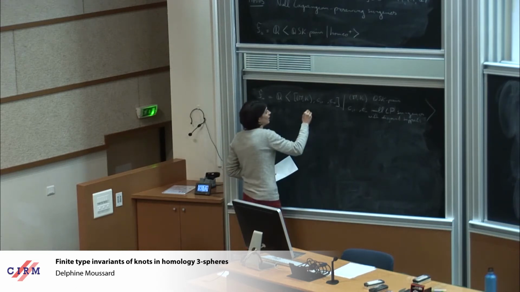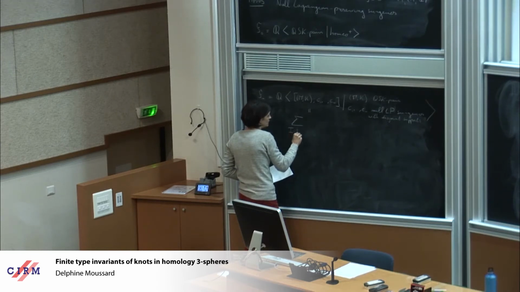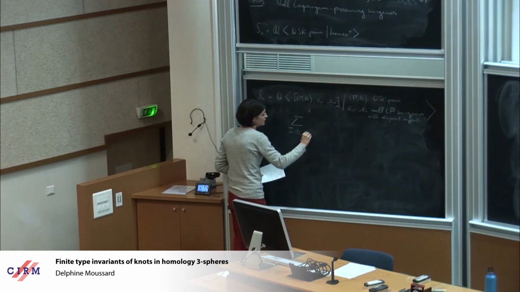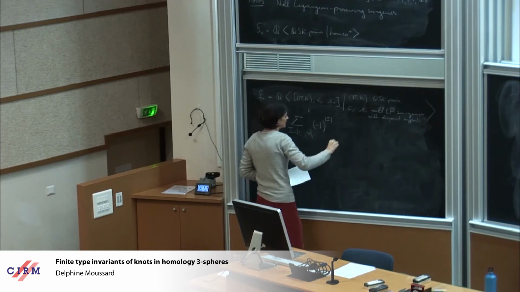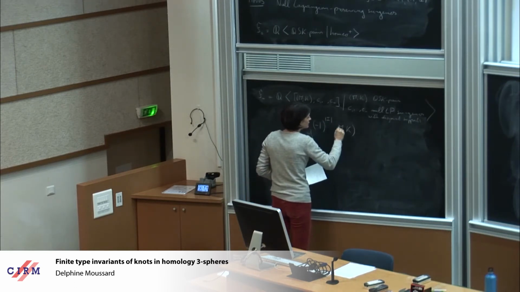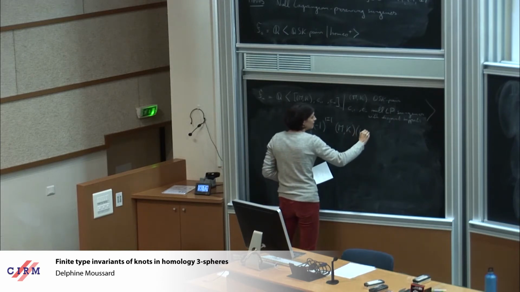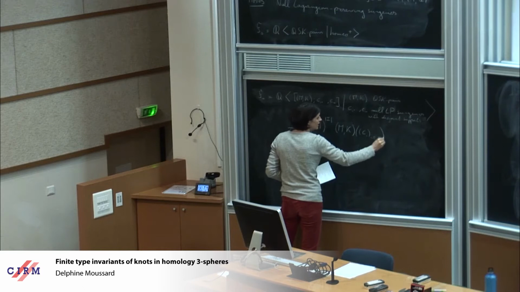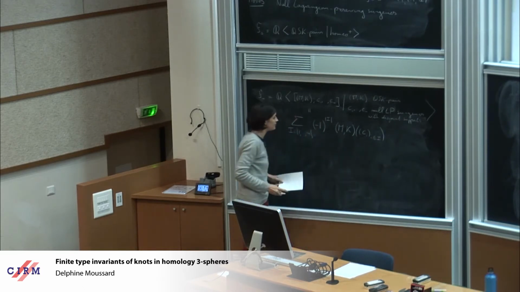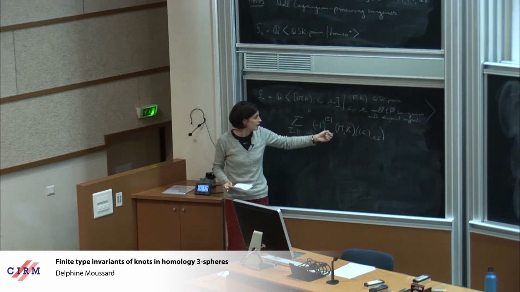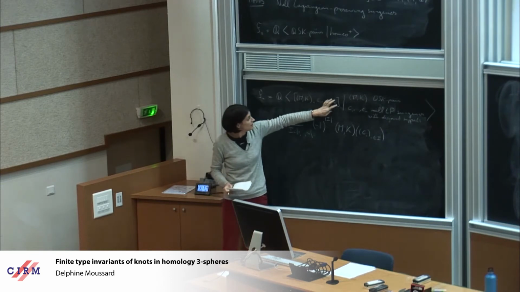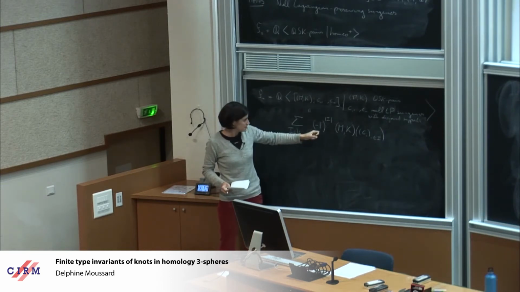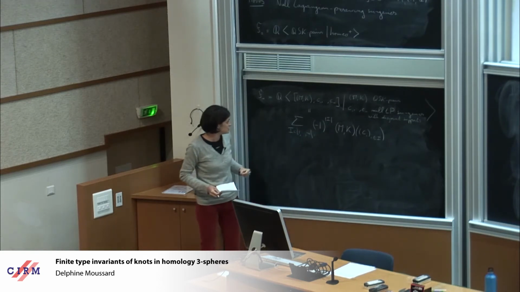So this allows to define these brackets as the sum over all subsets I of the set {1, ..., n} of (-1) to the cardinality of I times the pair obtained from (M, K) by performing all the surgeries C_i when i is in I. So here we have the sum of all QSK pairs that can be obtained by performing some of the surgeries C_i with a sign corresponding to the parity of the number of surgeries.